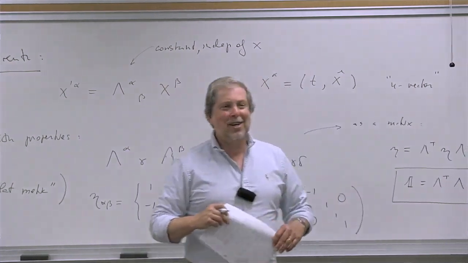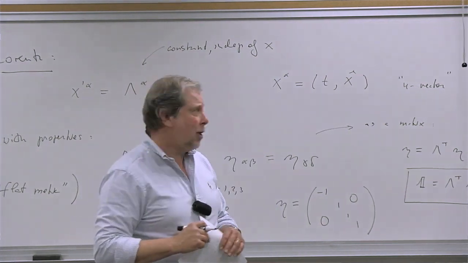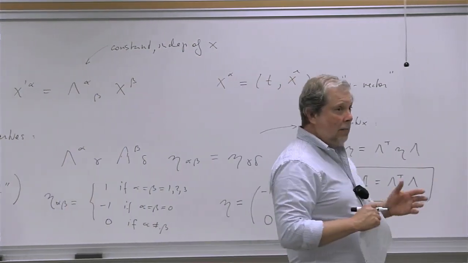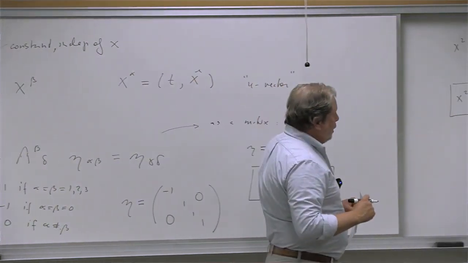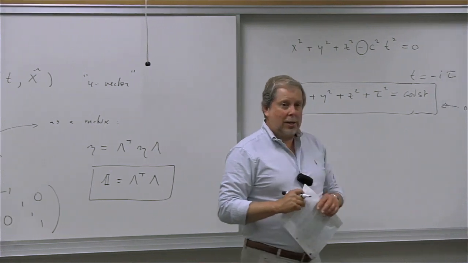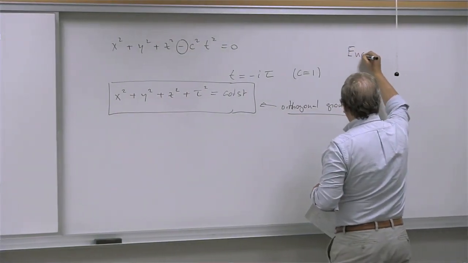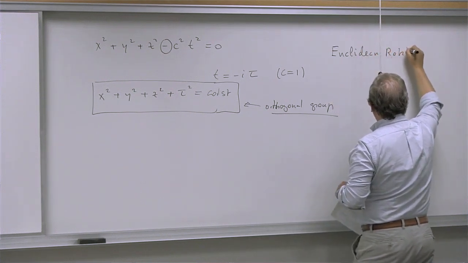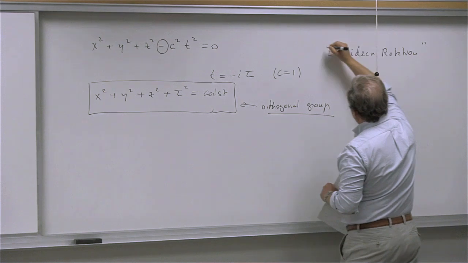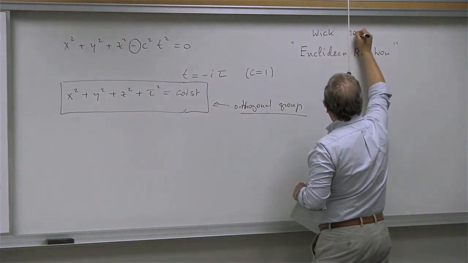So anyhow, there's a big story about this use of complex time in quantum field theory as well, and not just in gravity, but there is this interesting trick here, which is called the Euclidean rotation, or sometimes called the Wick rotation.